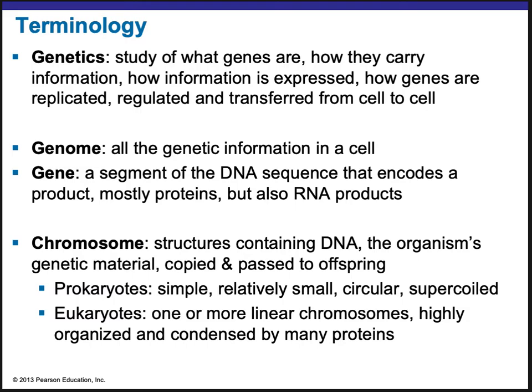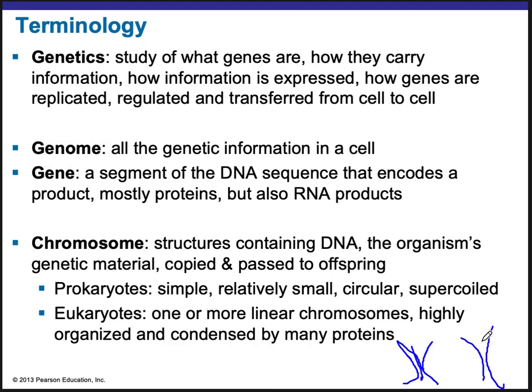And of course, these chromosomes are highly organized structures that have lots of different proteins involved to keep them organized and highly condensed. Again, that classic little X that you're used to seeing for chromosomes. Sorry, guys, it's really hard to write with the mouse. Okay.